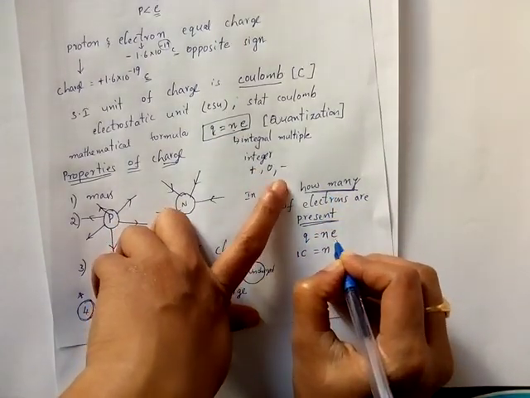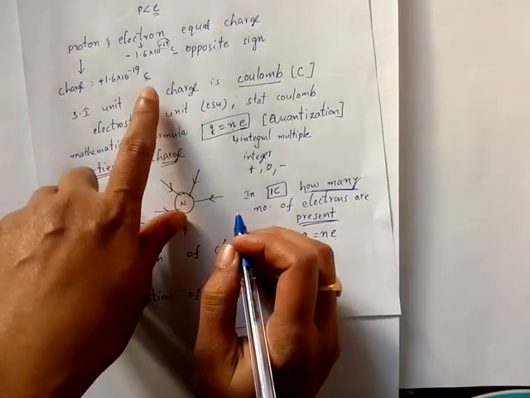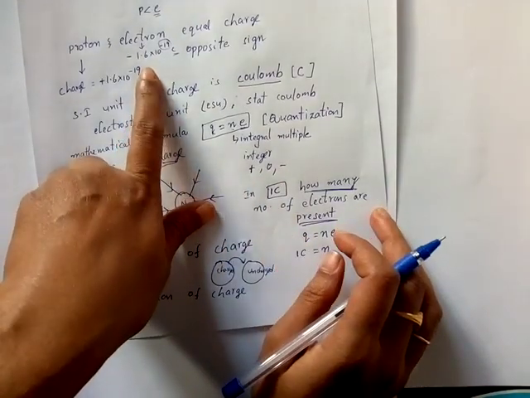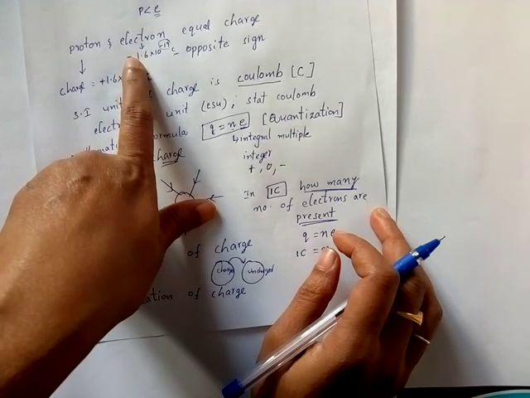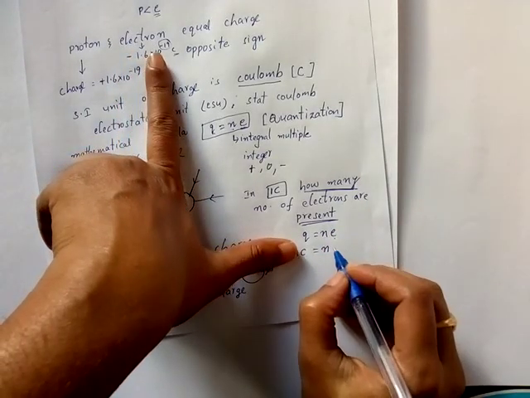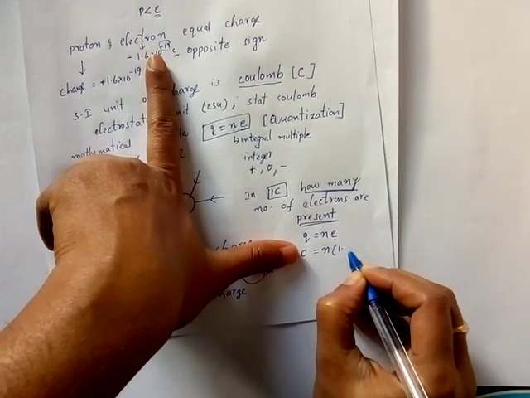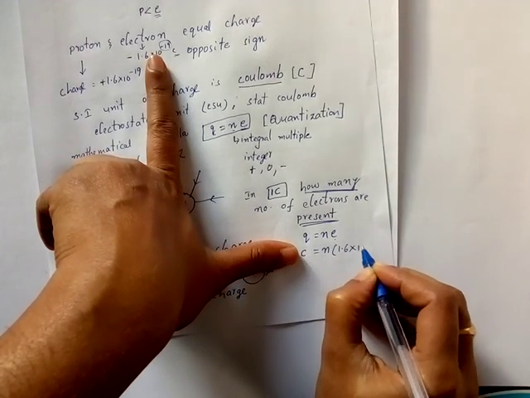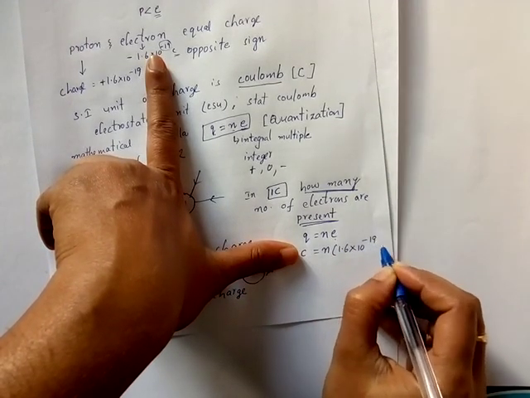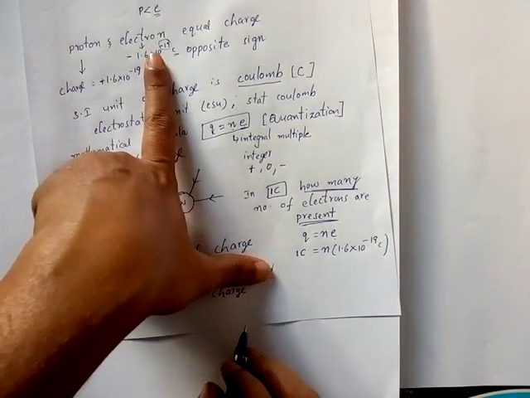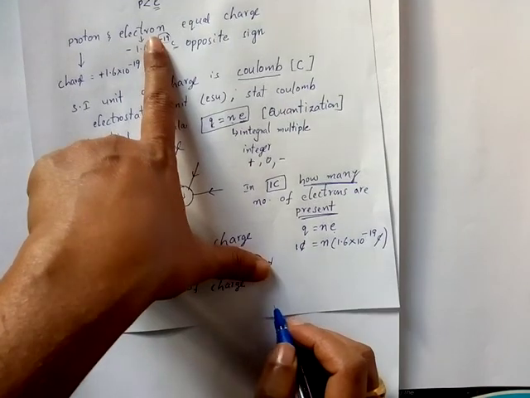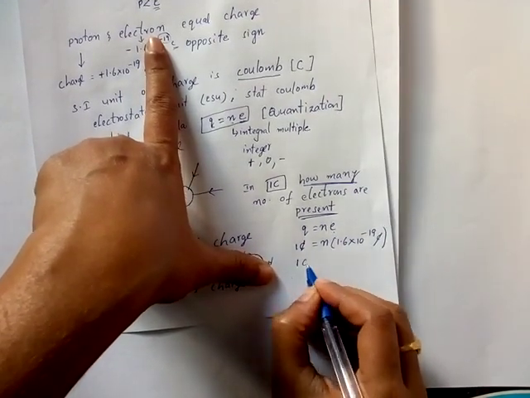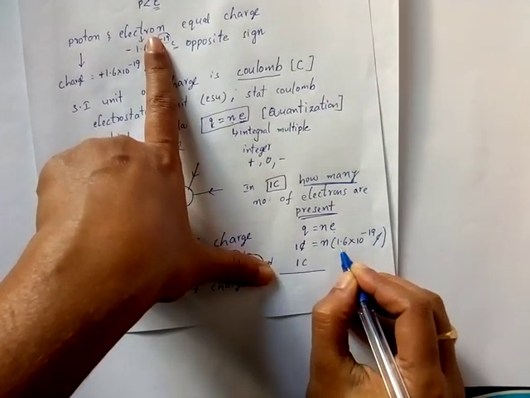E. E means charge on electron. We have already learned charge on electron is 1.6 into 10 to the minus 19. This minus indicates it is negative. So you need not to take it. Just take charge on electron 1.6 into 10 to the power of minus 19 coulomb. Okay, so coulomb and coulomb gets cancelled. Otherwise you can take, this is number, right?